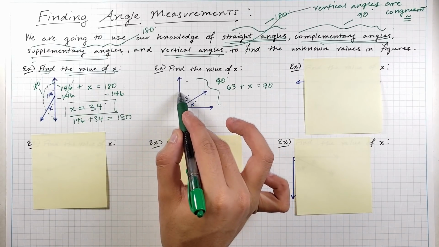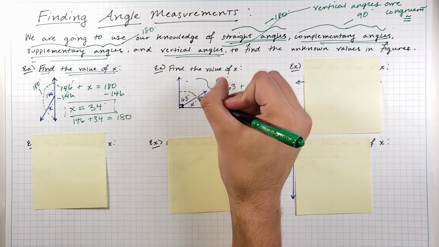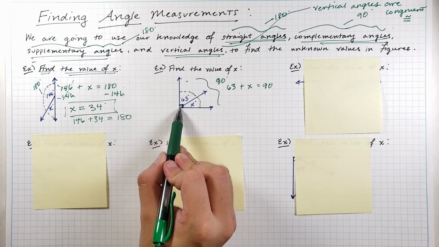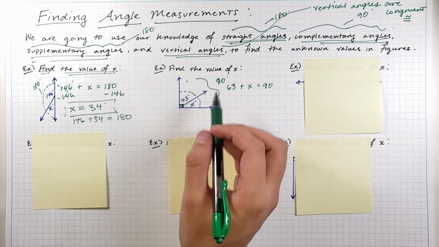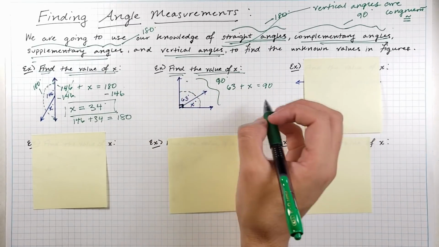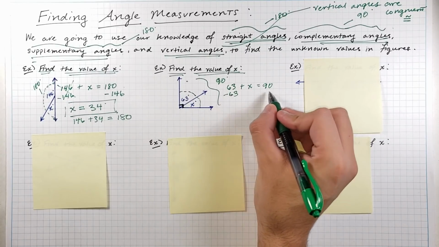That means this angle right here plus this x right here has to equal 90 degrees because of this little box. If we want to find out what x is equal to, which is what they're asking us to do, all you have to do is subtract 63 from both sides to get the x by itself.